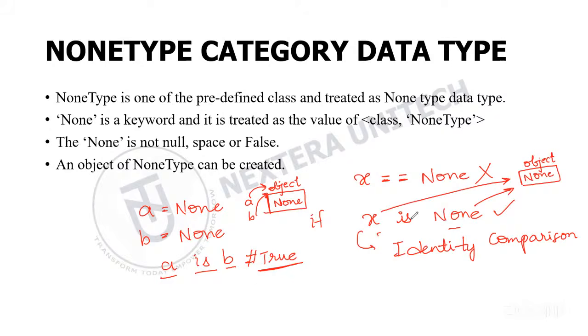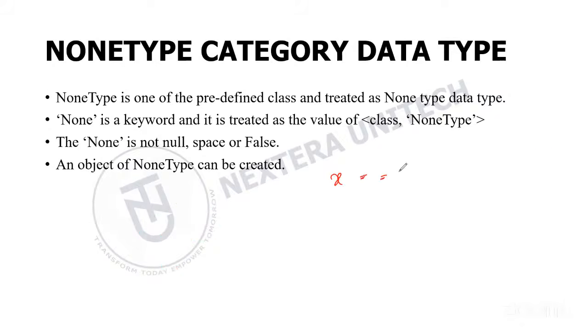So this relational operator checks whether x and None are pointing to the same location or not. Identity comparison will be done here. But if you do x equals equals None, this will be a value comparison.